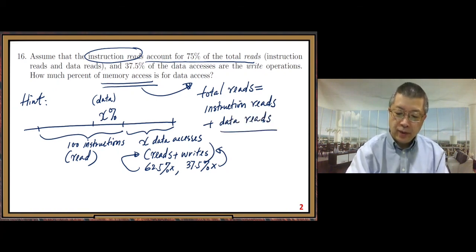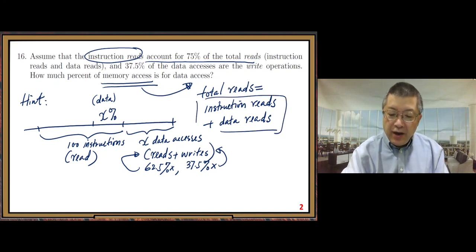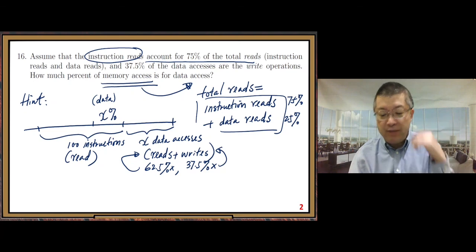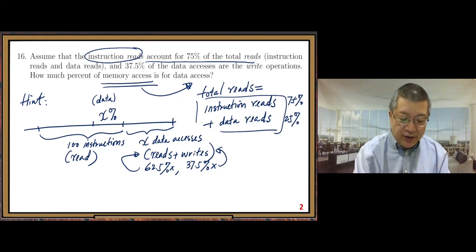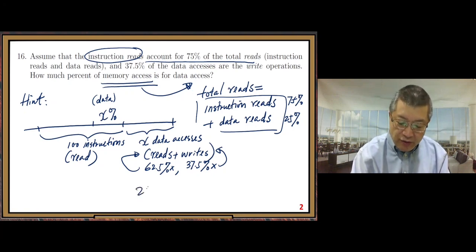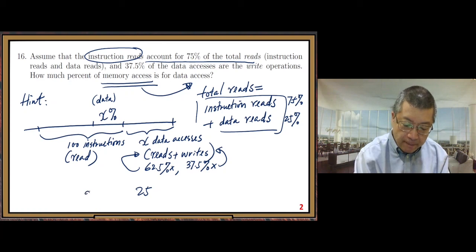Instruction reads are 75%, so data reads are 25%. If you assume 100 instructions, 25 of them are data reads.